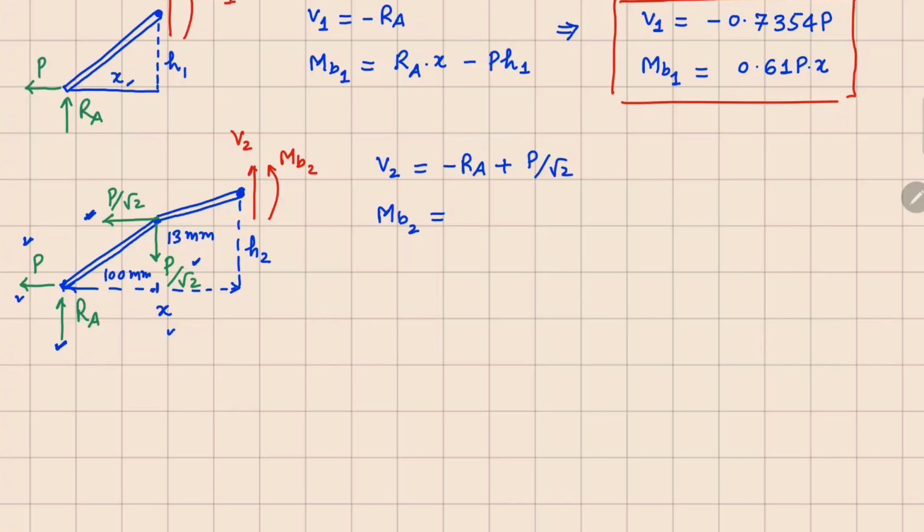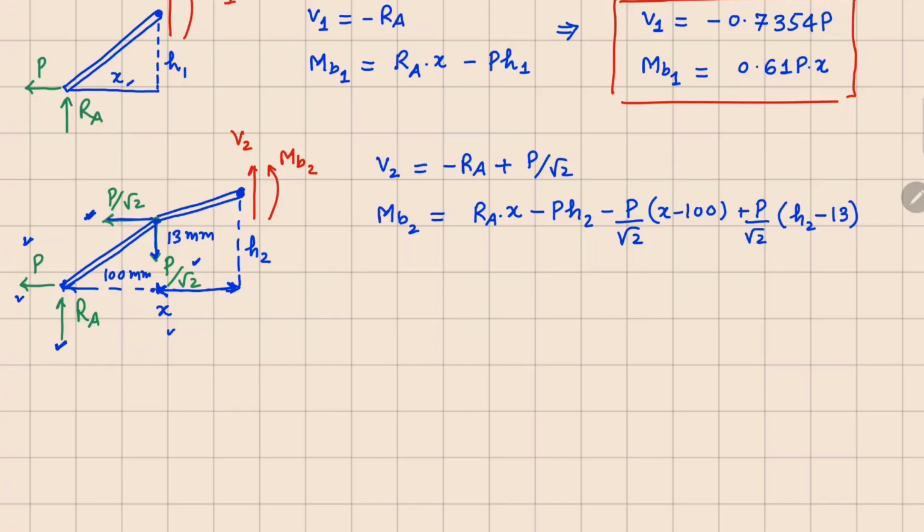Now distances are marked there, so if I write MB2, this can be written as RA times X minus P times H2 minus P over square root 2 times X minus 100, because if you look at this component right here, it is sitting at a distance of X minus 100 from here, and the last one is going to be P over square root 2 times H2 minus 13.